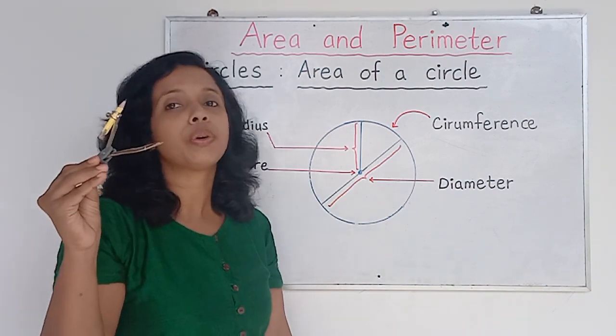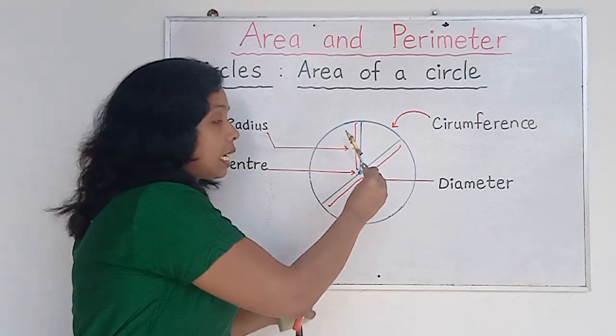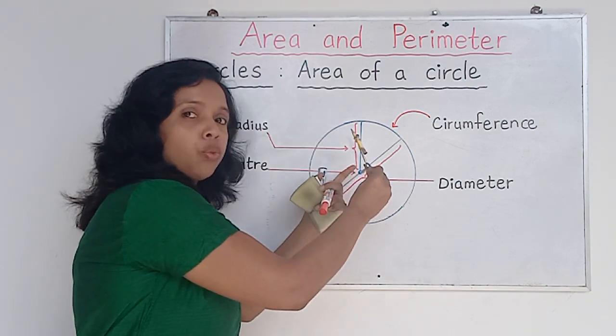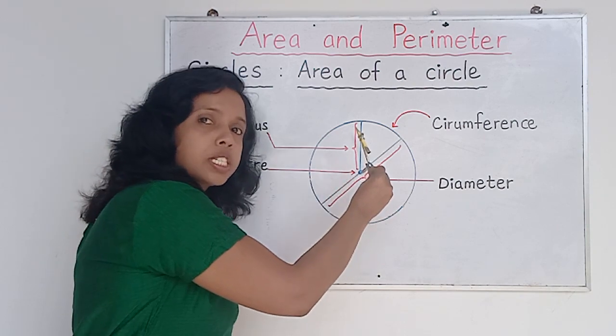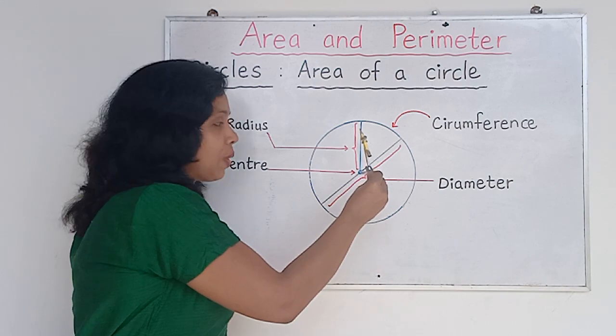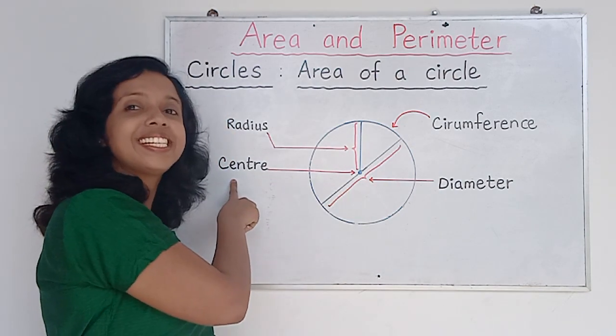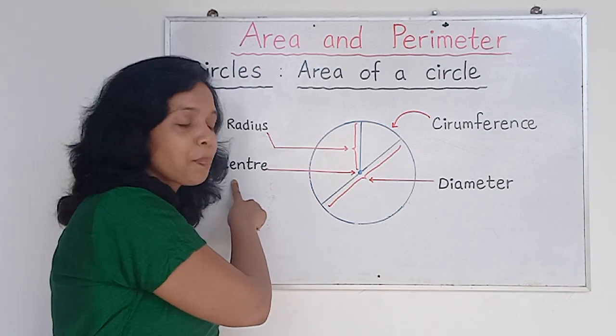When you draw a circle using a pair of compasses, the place where you put the point is called the center of that circle. Understood?